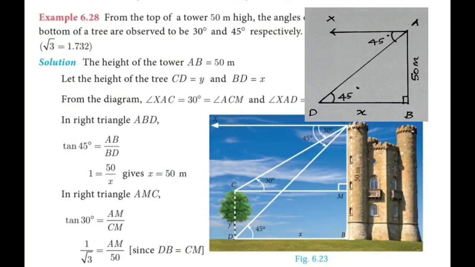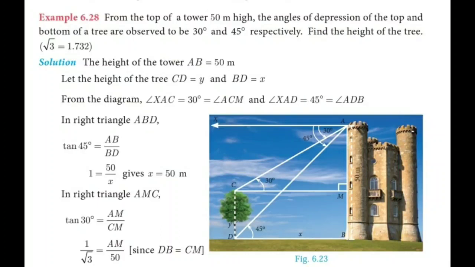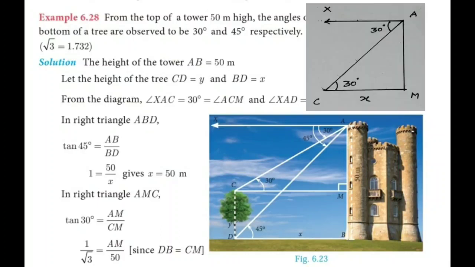Here 1 is equal to 50 divided by x. Then x is equal to 50 meter. Second diagram, in right angled triangle AMC, here tan 30 degree is equal to AM divided by CM.